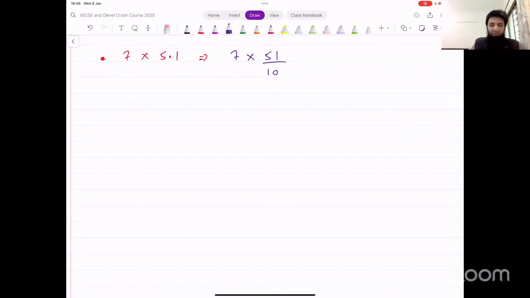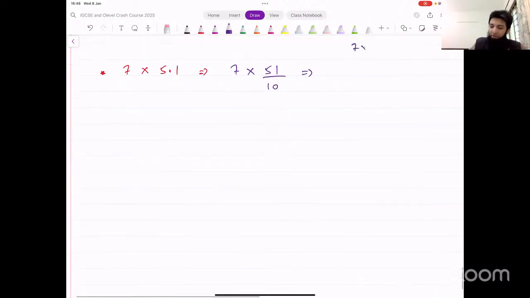Now we just do this multiplication, 51 times 7. How is that going to work? Again, one way to do this is using standard multiplication. You can do that. If you were to do it quicker, you could do 7 times 50, right? Break it down like this. 7 times 50, let's do that first.